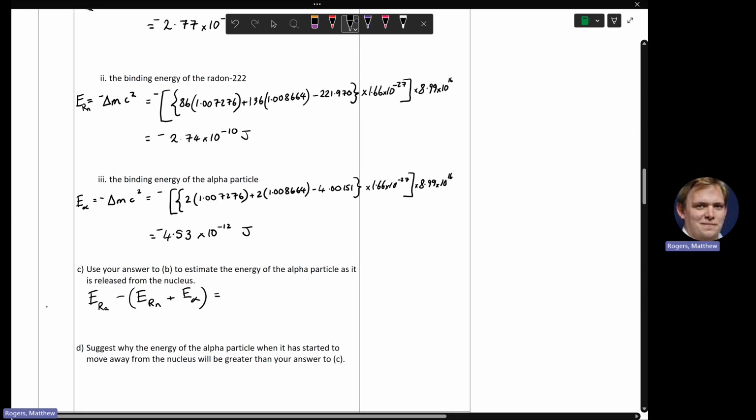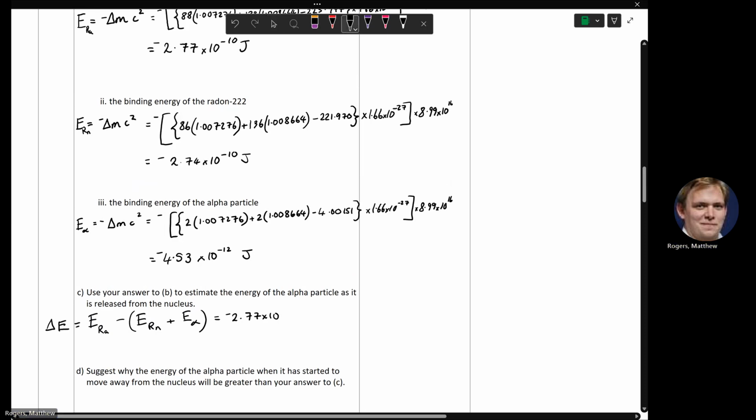So that's the change in energy of the whole system. So this is minus 2.77 times 10 to the minus 10, minus the energy of the radon, minus 2.74 times 10 to the minus 10, plus the energy of the alpha particle, minus 4.53 times 10 to the minus 12. I should say the binding energy of the alpha particle, because it's going to have its movement energy as well. And let's do the difference between those.